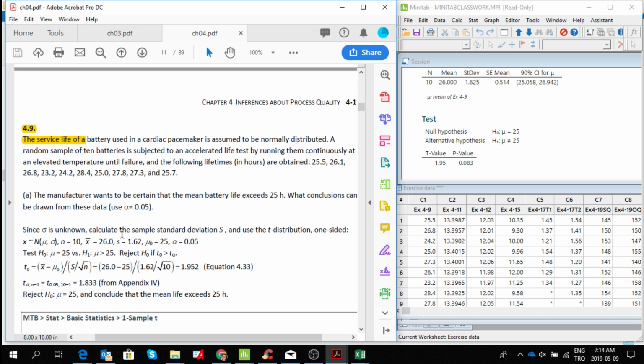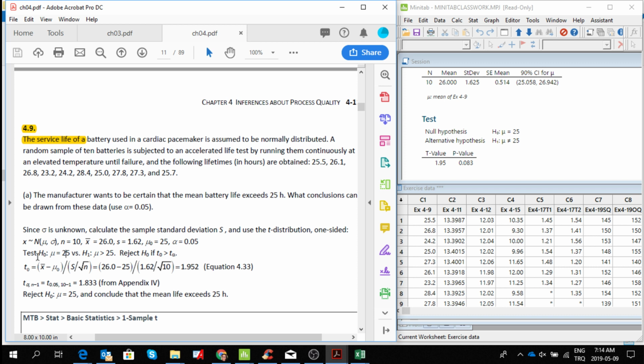So this question is a one-sided t-distribution. We have x normally distributed here, as you see, and the number of elements in the data set is 10, and x bar and S are computed here by hand or on Excel, and mu 0 is 25 and alpha is 0.005.